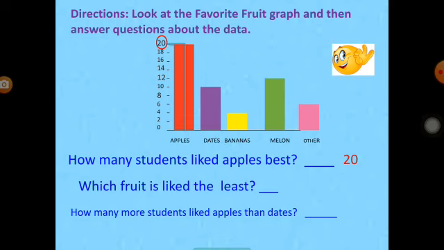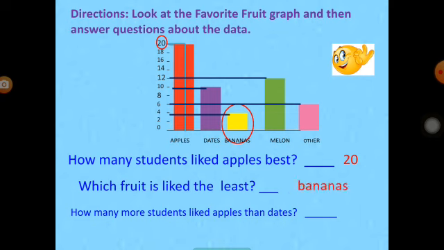The next question. Which fruit is liked the least? Look at the graph. Excellent. Bananas. Bananas is the least liked fruit.